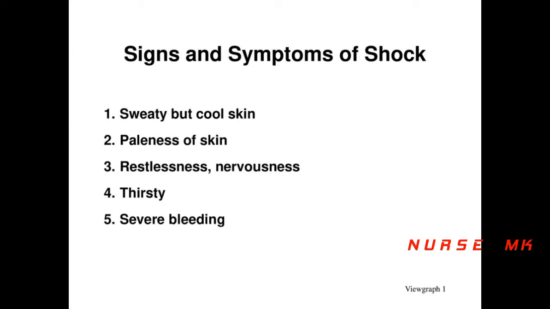Mental state changes due to poor blood supply to the brain. There is also profuse sweating. Remember, these signs and symptoms are coming about due to a decrease in the blood pressure or due to loss of blood.